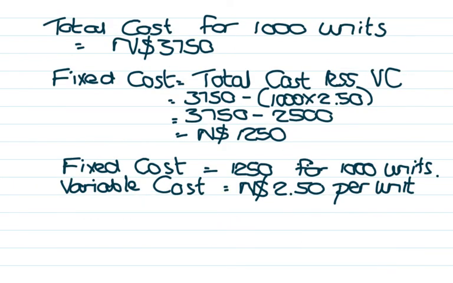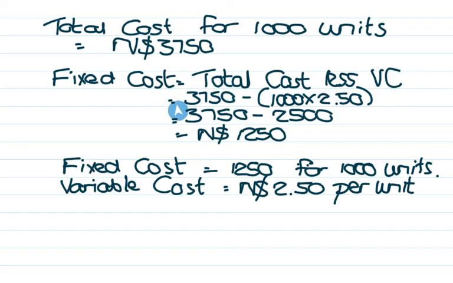So if I'm saying my total cost for 1,000 units was 3,750, then I can now calculate my fixed cost for 1,000 units. How do I do this? I say that my total cost equals fixed cost plus variable cost. So I'm saying then that fixed cost equals my total cost less my variable cost.